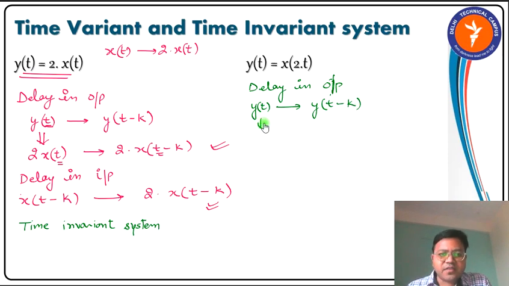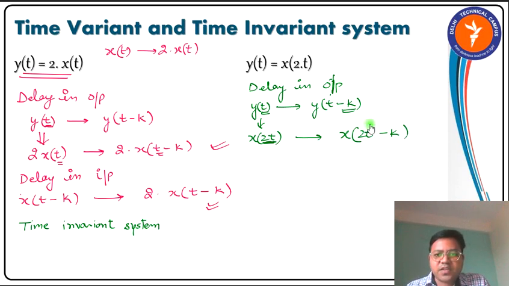So if y(t) is x(2t), then whatever time we had here, we subtract k to bring the delay. Similarly, if I want to bring the delay of factor k here, then I will subtract this k from this factor 2t. This means on delay this will appear as x(2t - k). So this is the output when we bring delay in the output.